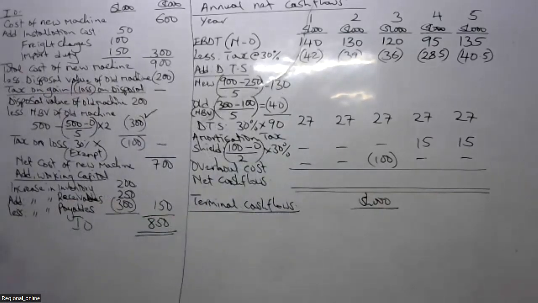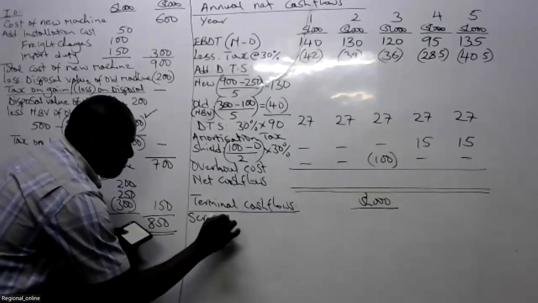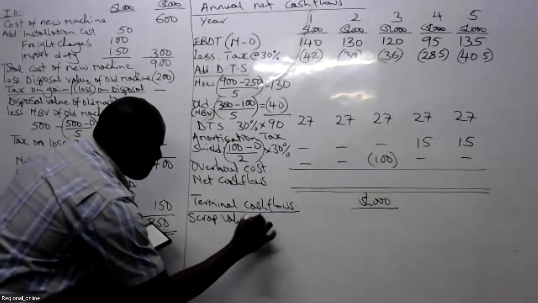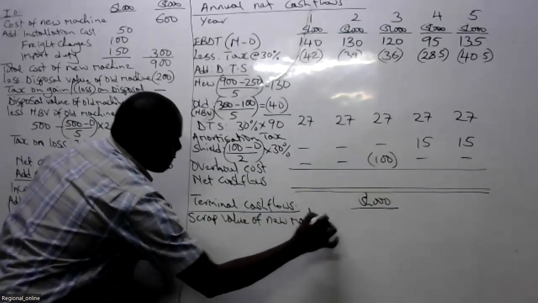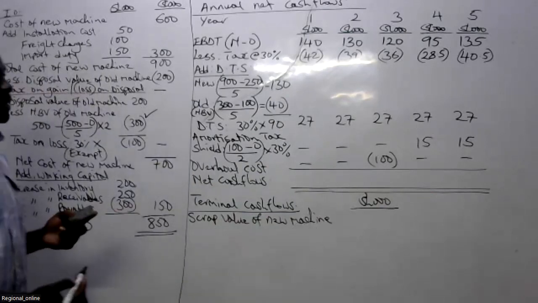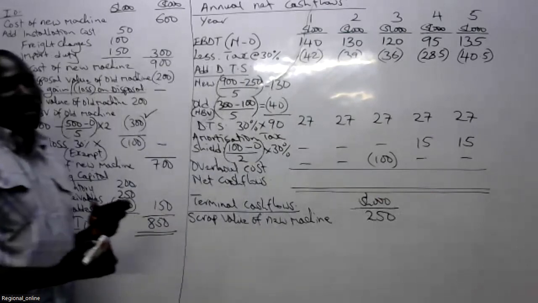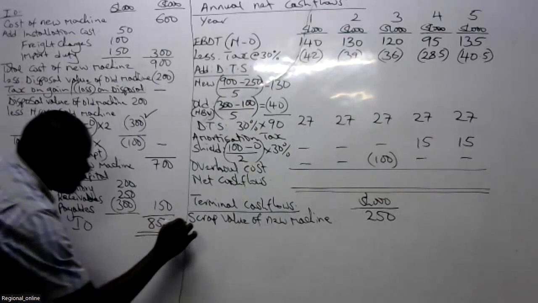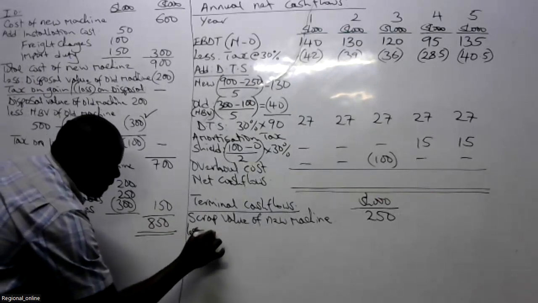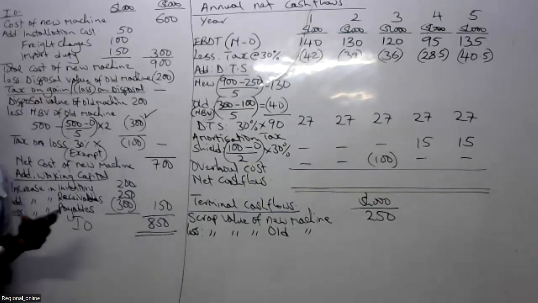So the terminal cash flows, we have the scrap value of the new machine. Which was how much? 250 still. Then we less scrap value of what? Of the old machine. Which is how much?